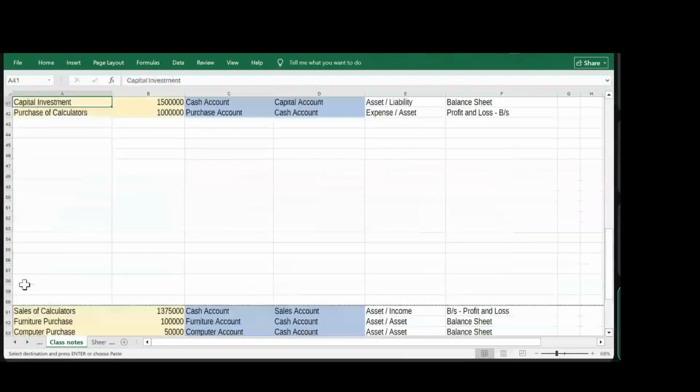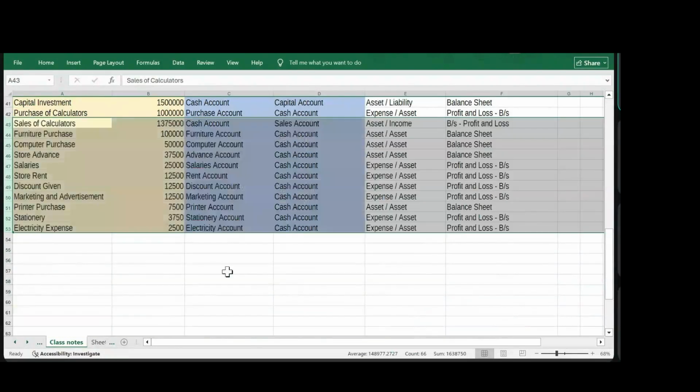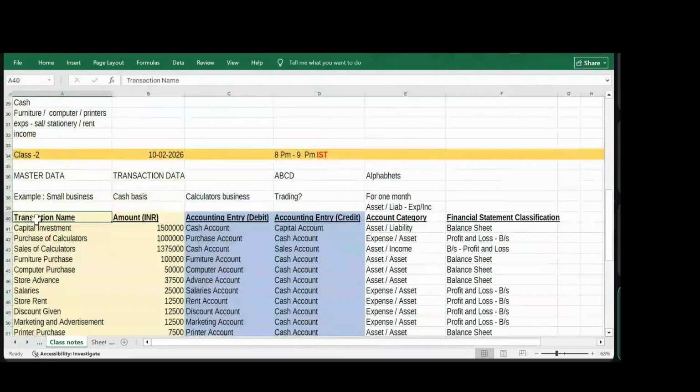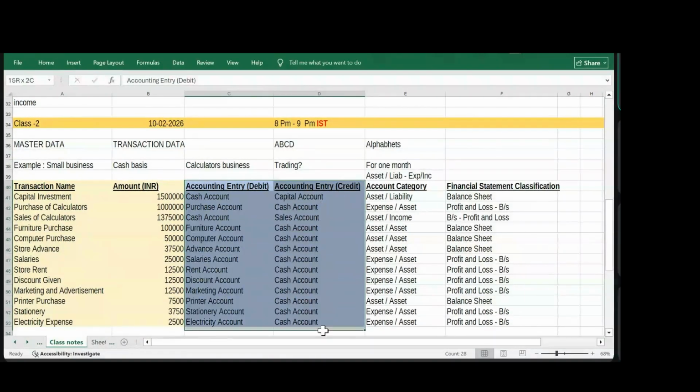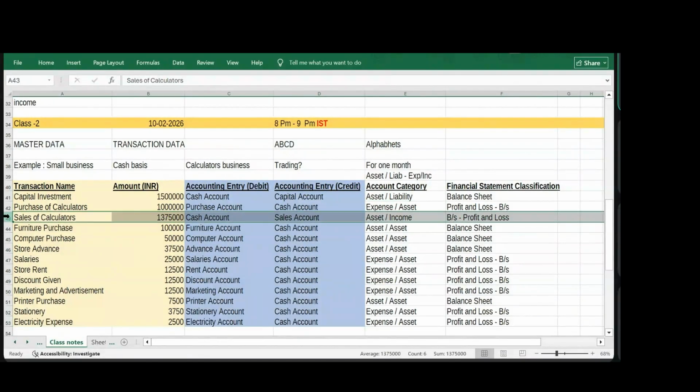So that you people will understand what we are doing. See, this part is the transaction that I've listed out. Which account will be debited, which will be credited is what I've written here, and then the category. Now, I want one of you to read this and talk about it. Put this line into sentences.